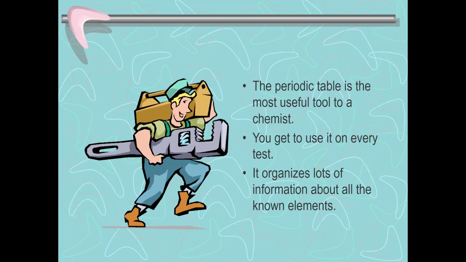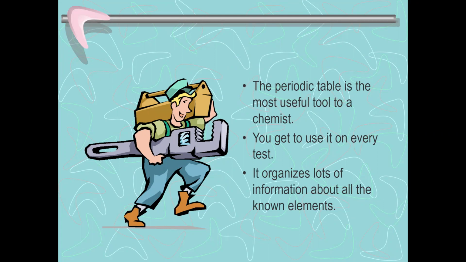So before Mendeleev, the scientist that was discussed in the little video that you watched, came along and started working on the periodic table, there were about 70 elements that were known, but they weren't really arranged in any way that was of any use to anybody. It would be very hard to get information about those different elements.